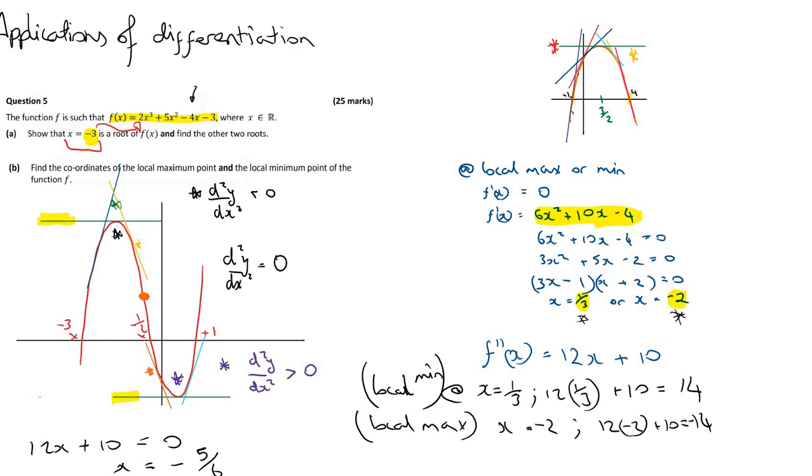The second derivative is negative at the local maximum because we're going from a positive slope to a negative slope, and the second derivative is positive at the local minimum because we're going from a negative slope through to a positive slope. And the last thing, the point of inflection on a curve, is when the curvature of the actual curve itself changes, i.e. it goes from a more negative value through to a more positive or vice versa. And that happens when the second derivative is equal to 0.